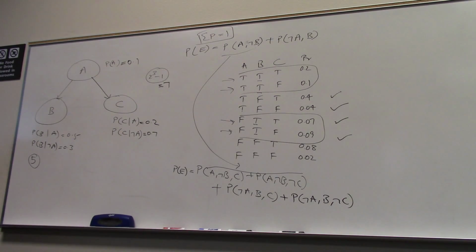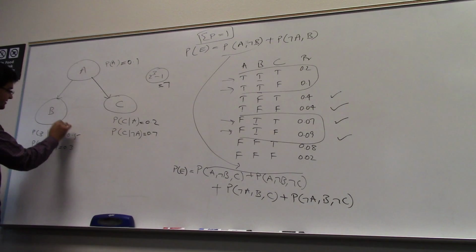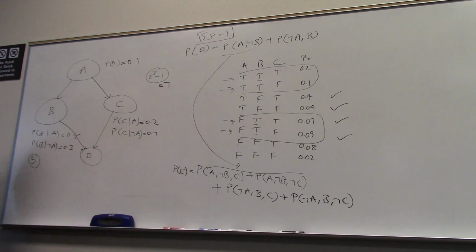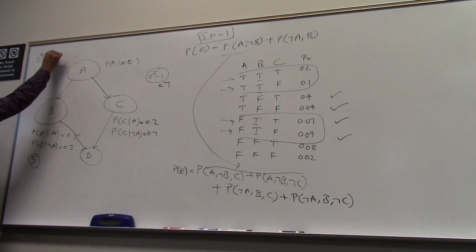So imagine, so yeah, that's an exercise. I have put up a problem statement. Let us take this case of one more variable, right? Let us say there is D. Then what is the size of the full joint distribution? 2 power 4 minus 1, which is 15.